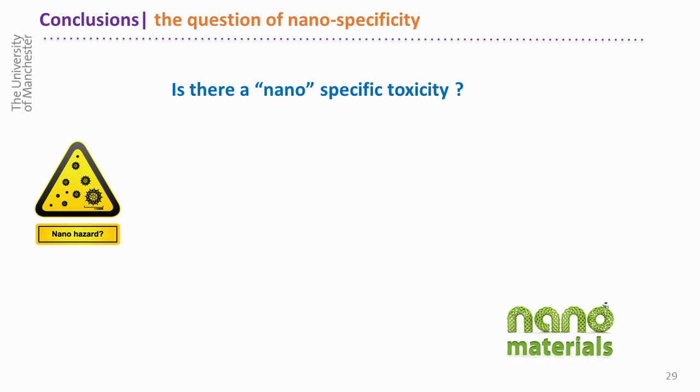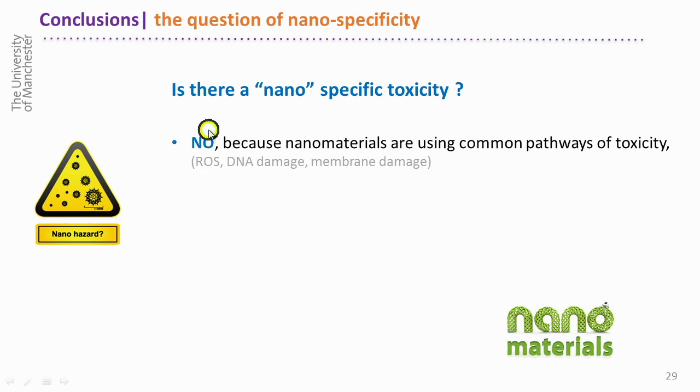But the other thing is that nanomaterials will accumulate in different parts of the body, so they will potentially be able to reach different parts of the body. We talked about this mixture of effects that can be quite complicated. So yes, nanomaterials use the common pathway.